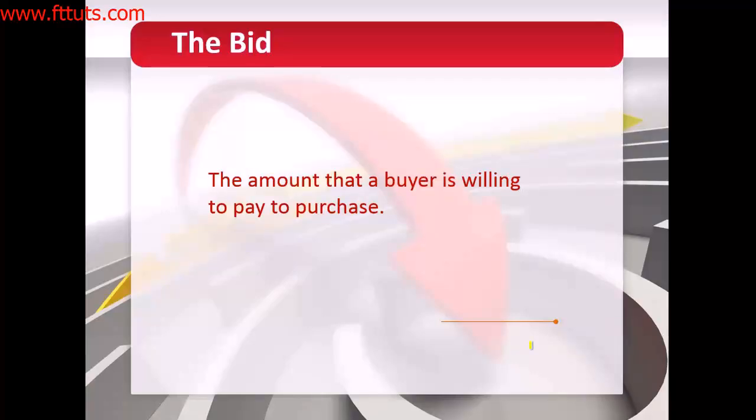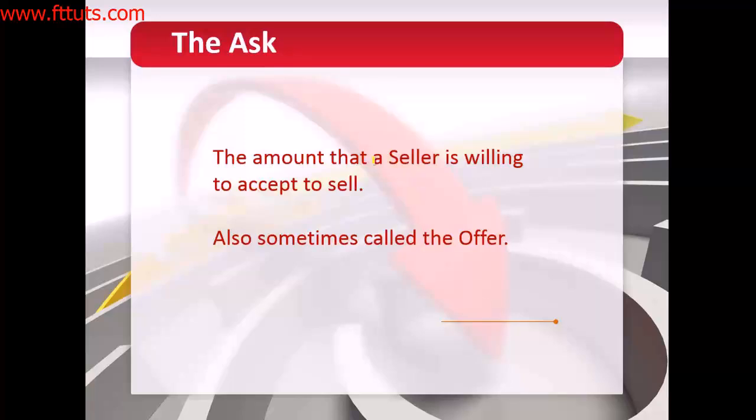So when I have someone bidding a certain amount, 1.2645 for a currency, that is what they're willing to pay to purchase that currency. And the ask is the opposite of that. It is what a seller is willing to accept to sell.